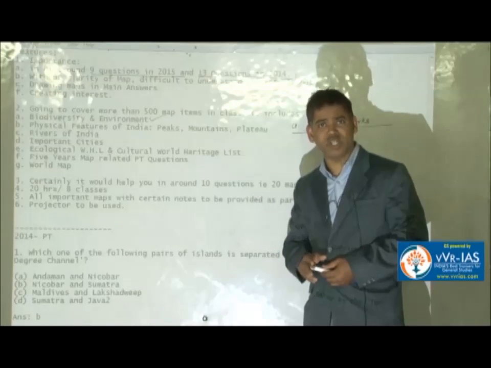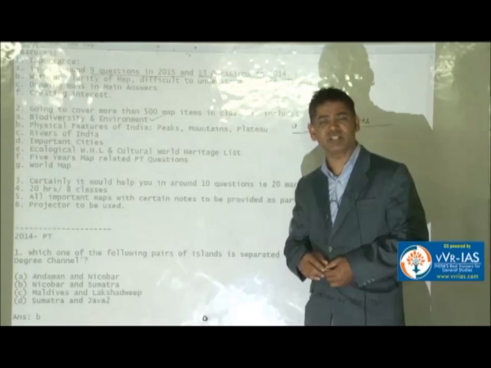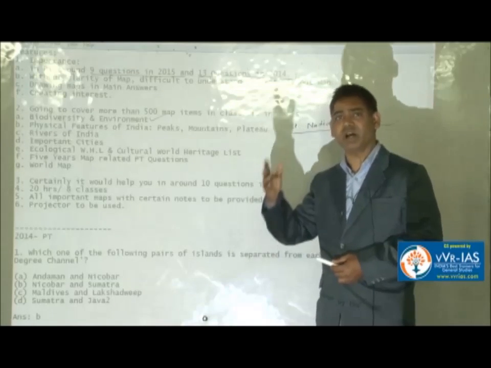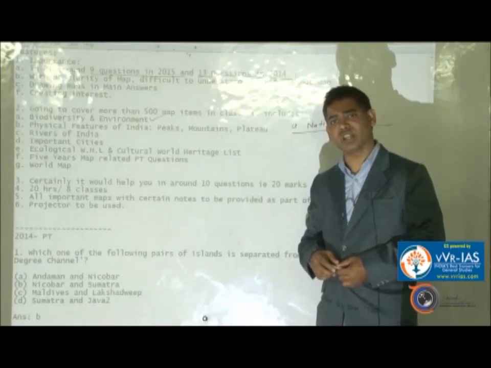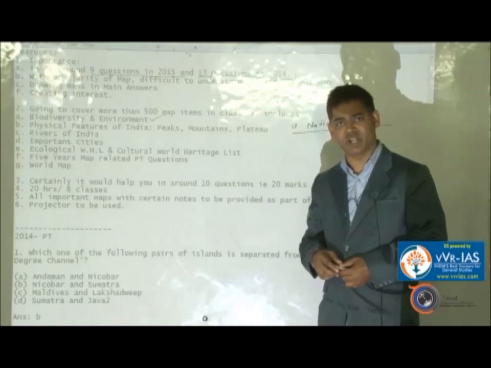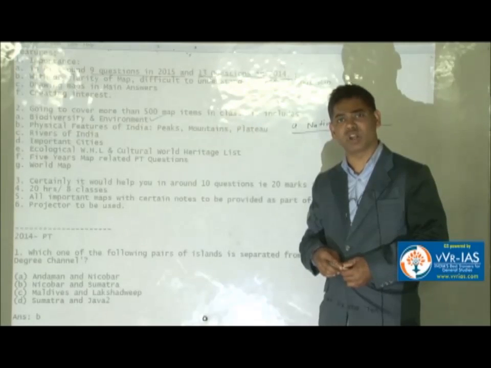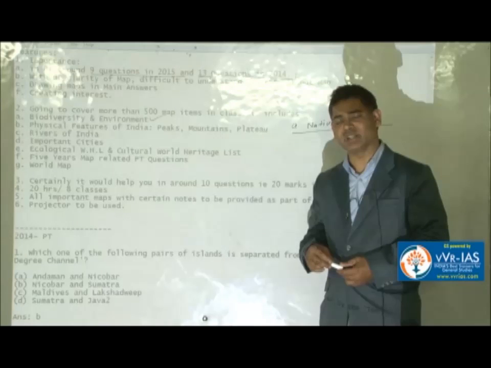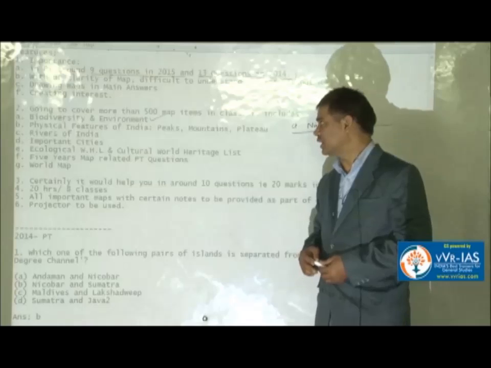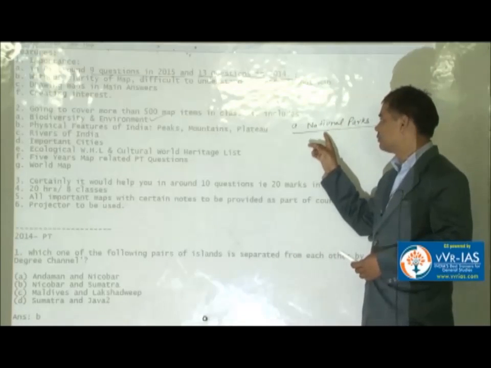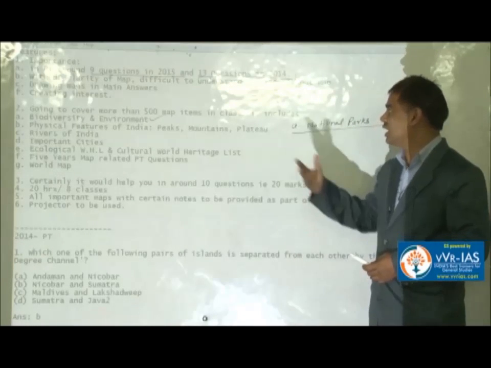But we are not going to teach you all 130 national parks of India. We have made a list of around 75 important national parks of India, which are in the discussion of current affairs, and as per the trend of the examination, those national parks were asked in the examination for a few years. So that's the reason we are going to touch around 75 national parks, and we'll do a detailed discussion of that.